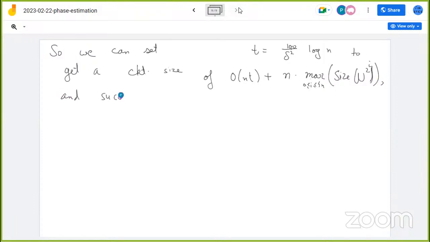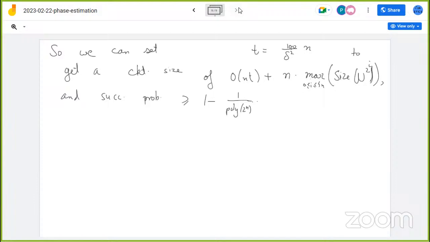Okay, so circuit size is nicely polynomial in small n and we get a good approximation.